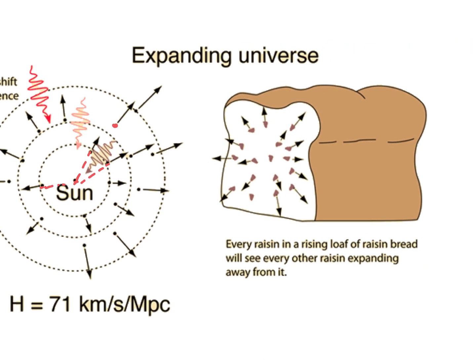A nice analogy is if you put raisins in some bread and then put the bread in the oven, it would expand. So all the raisins would start moving further apart from each other. And if you were sat on this raisin here, you'd think, oh, they're all moving away from me. But likewise, this raisin here, they'd all be moving away, including that one, from it. So that's the evidence that our universe is expanding.